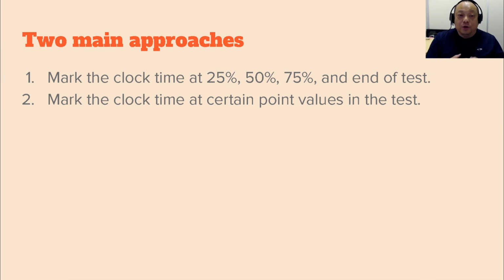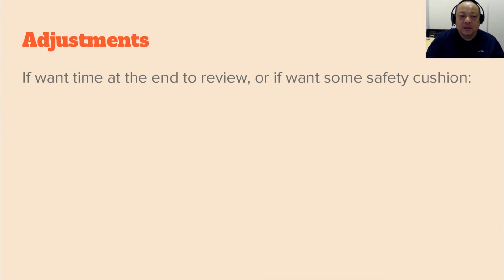All right, those are the two main methods. Either mark the 25%, 50%, 75% and end time, or mark the clock times at certain important point value marks in the test. Now, let's consider some adjustments.